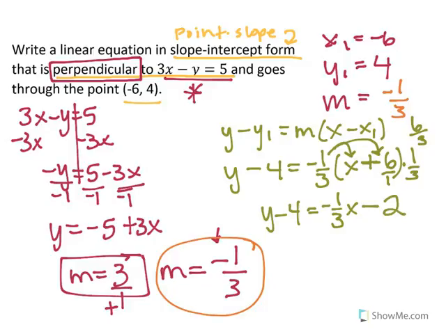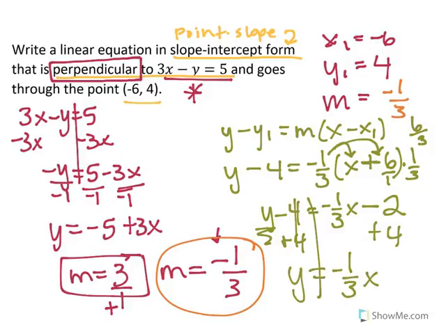So we're almost done. Our final step, remember, is to get y by itself, so that means we're going to add 4 to both sides. You end up with y equals negative 1/3 x plus 2. And that is our final answer in slope-intercept form.